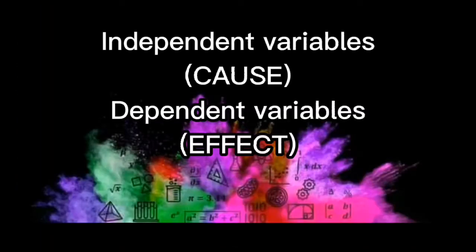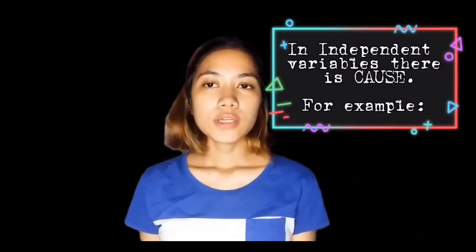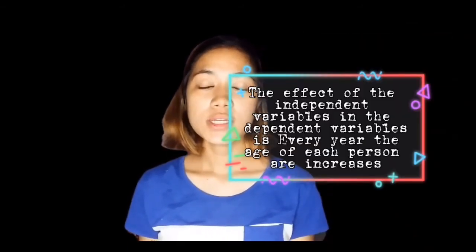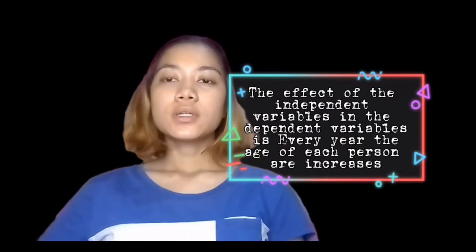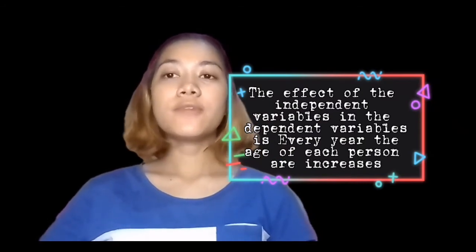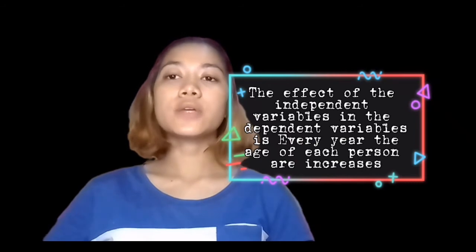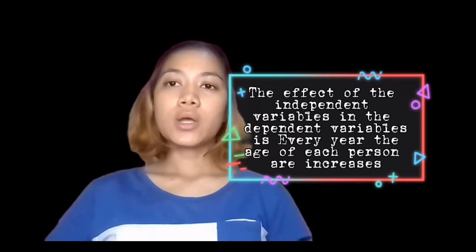Independent variables cause dependent variables' effect. In independent variables, there is a cause. For example, someone's age. The effect on the dependent variable is that every year the age of each person increases.